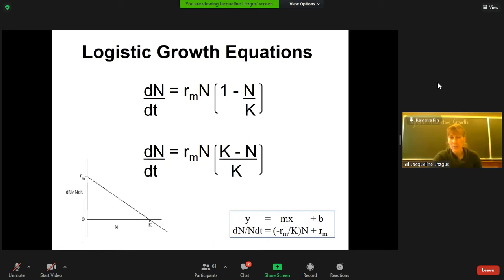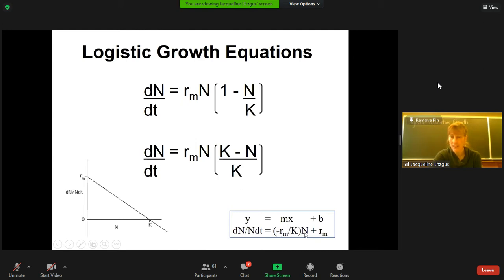So if you remember the old way that you probably learned about how to calculate a slope a long time ago, it was that formula called rise over run. So we can use that. That's exactly what's indicated here by this negative r over K, the rise over the run. We're using the rise all the way up to r and the run all the way out to K, which is what gives us this r over K, and it's negative because it's a negative directional slope.